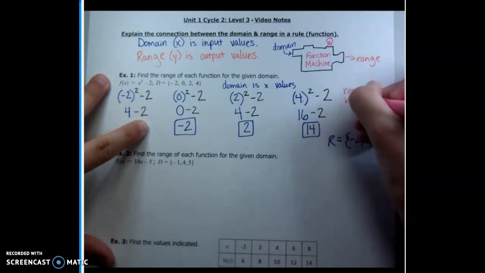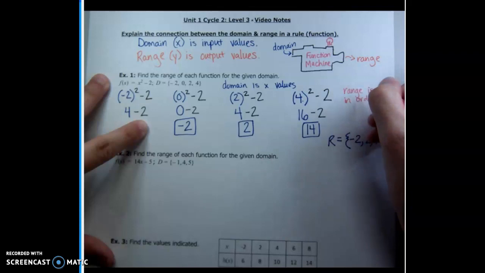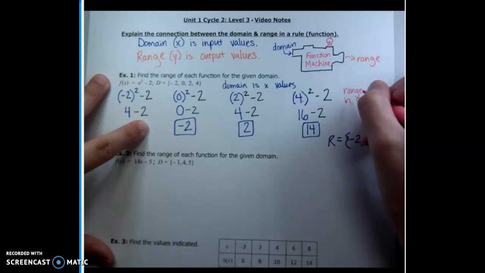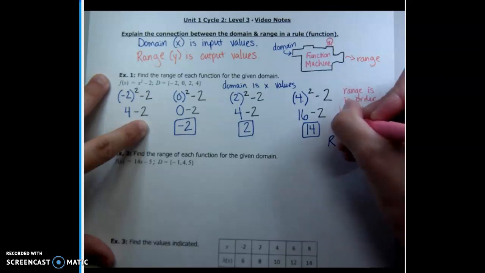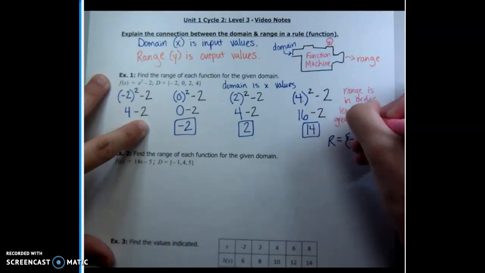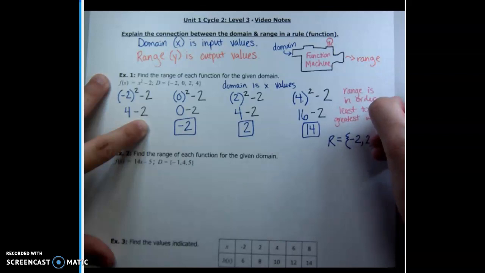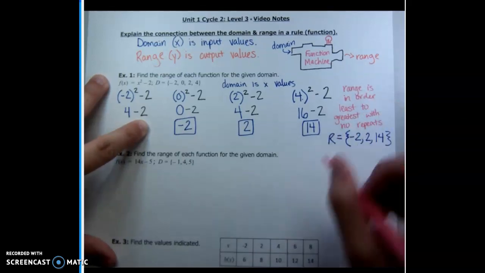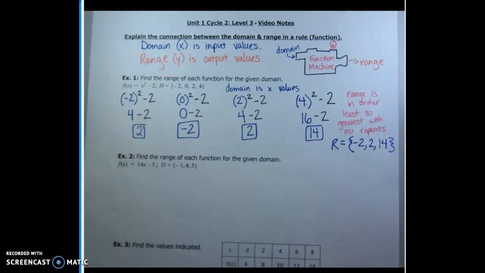Range is in order, least to greatest, with no repeats. So that's the way to do it by hand.